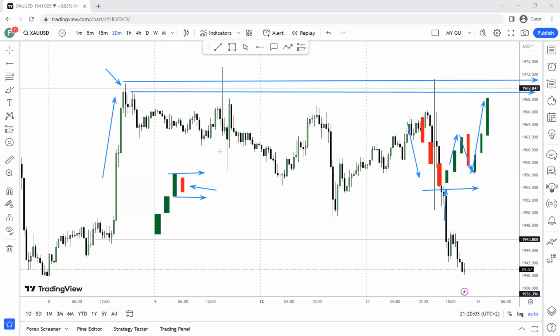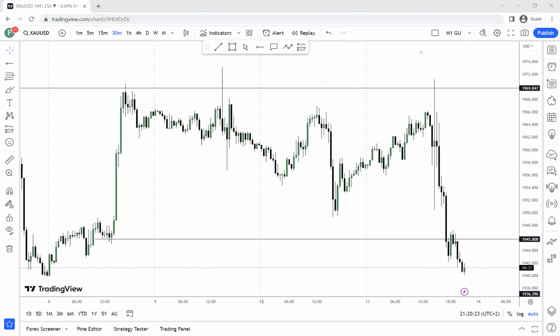You would have caught your first TP, re-entered if you wanted to, second TP, all right? However, you couldn't have caught the move that happened recently, because your trade would have been taken out by the same wick.